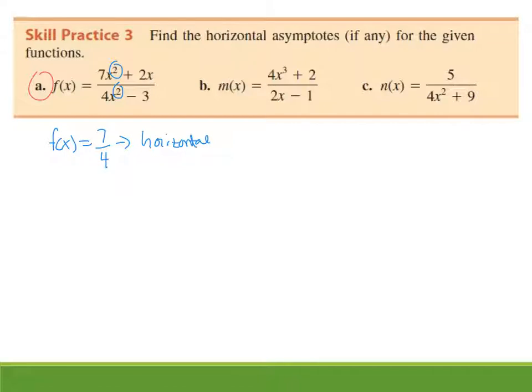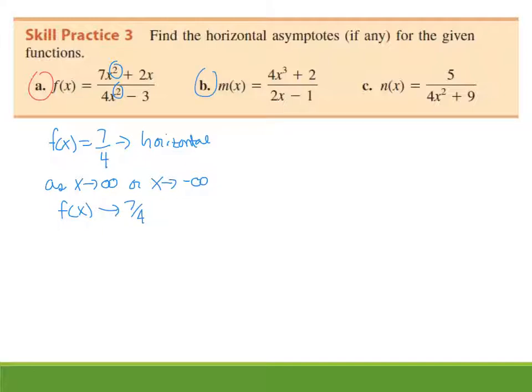When we have that, we just divide the coefficients of the two polynomials, in this case 7/4. So as x approaches infinity or negative infinity, the function f of x starts to approach 7/4.